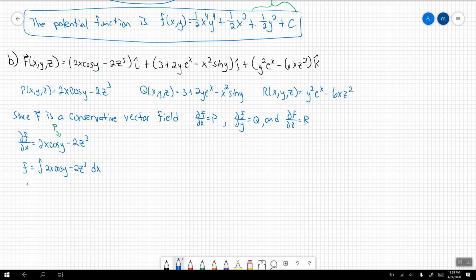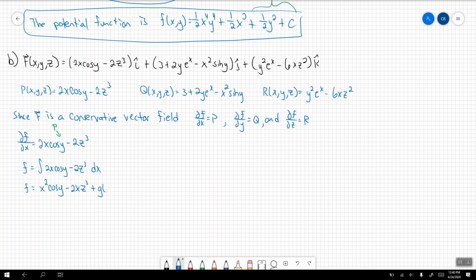So let's go through. The potential function is now going to be x squared multiplied by cosine of y minus 2xz cubed. And then I'm going to have plus this new function, g. Because this is an indefinite integral with respect to x, and my potential function might include some variables, I need to account for this new function.